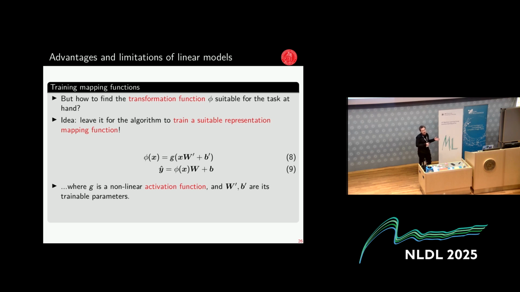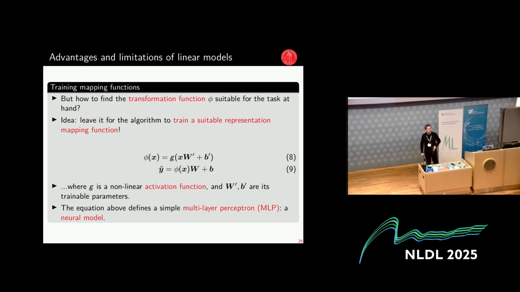And this is done using multiple layers, which I will cover later, and nonlinear activation functions. So this is basically the idea behind deep neural networks, right? So we want a model to learn which transformations to apply to the data. And the transformations themselves are also learnable parameters, right?